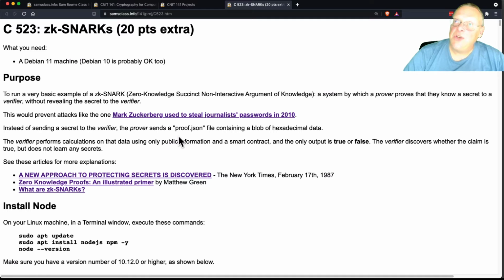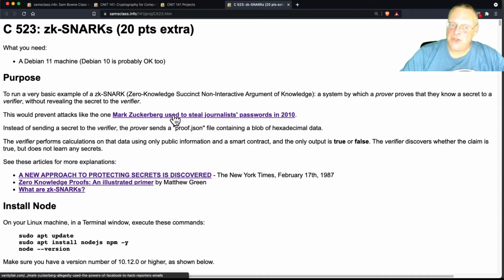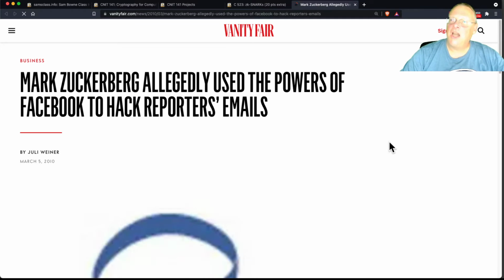Sending the password to them is something you didn't need to do, and this, in fact, is what Mark Zuckerberg used to steal the passwords of journalists in 2010. Mark Zuckerberg did not like what journalists were writing about Facebook, so he told them to change the programming on the Facebook page to automatically refuse the first 2 times people tried to log in. So everybody used shared secret passwords at that time. You used repeated passwords, the same password on many sites.